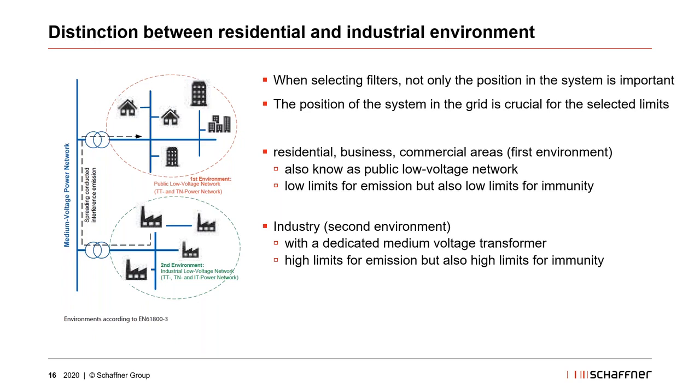For industry, it's a little bit different because we have very powerful machines. So we have a dedicated medium voltage transformer, and we have these powerful machines which are causing noise. So they are very noisy, so you need to be very immune, or you have to have high limits for immunity as well.